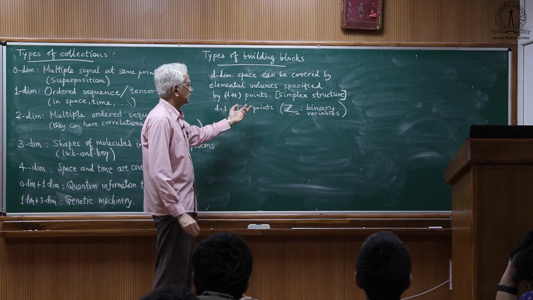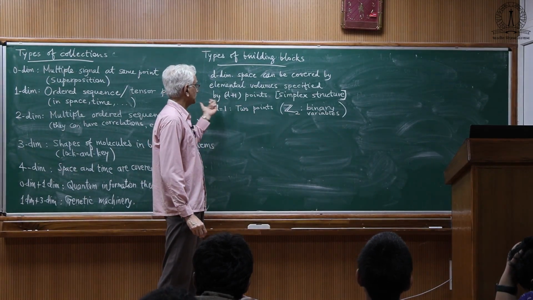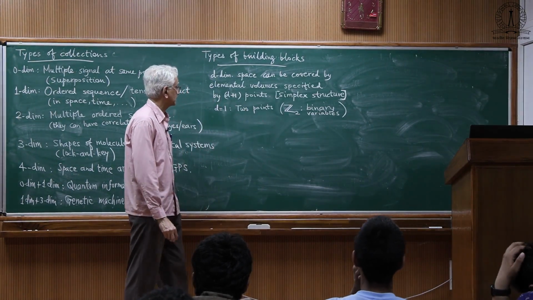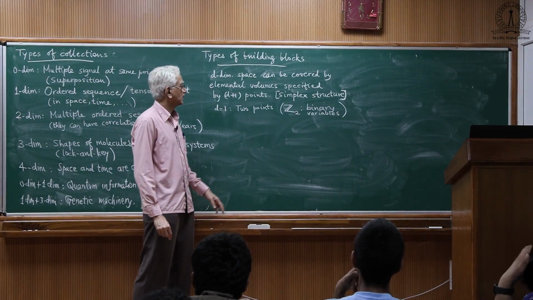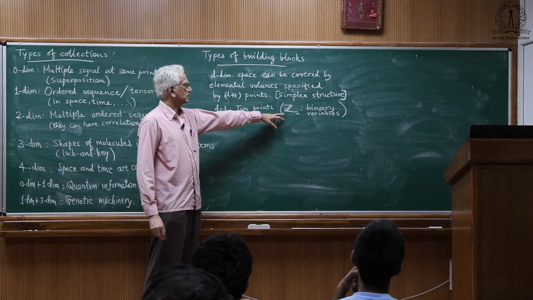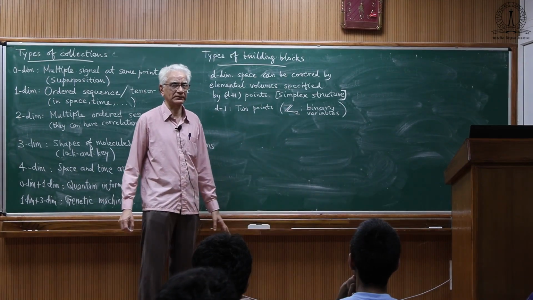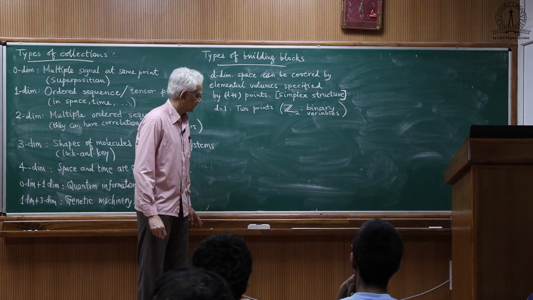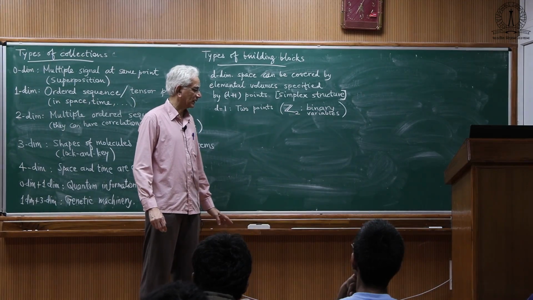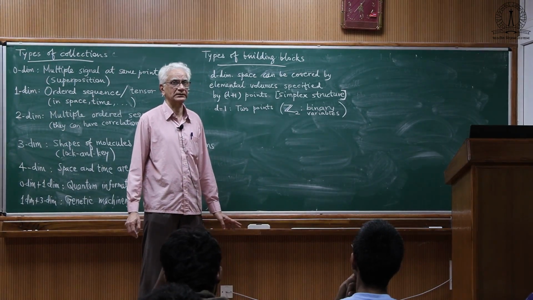I need 2 points to basically cover this one-dimensional space, and this occurs in lots of different ways, and they have different physical realizations as well.